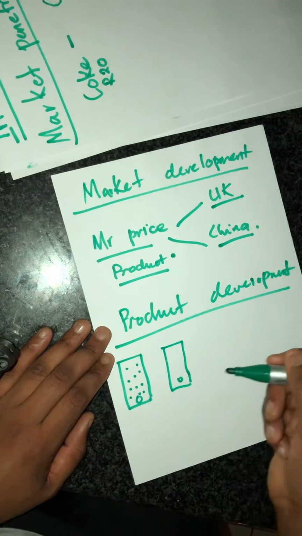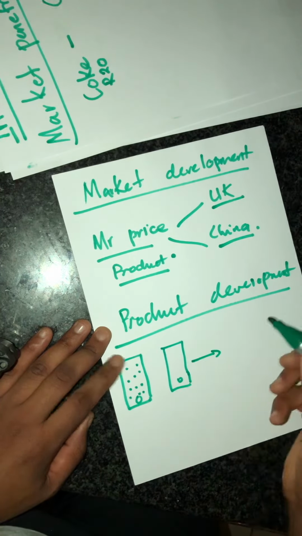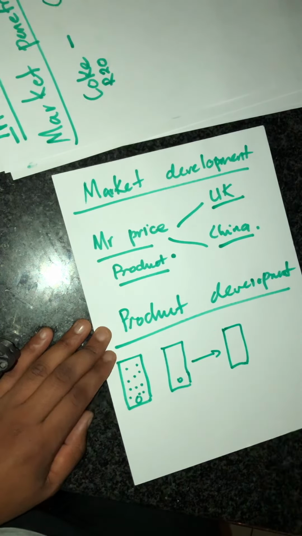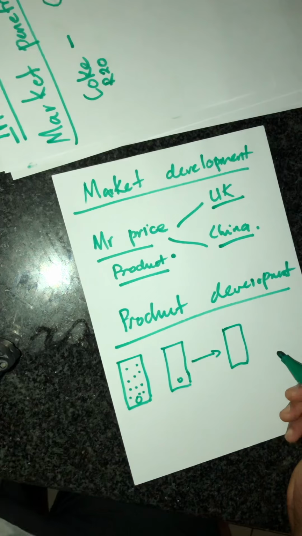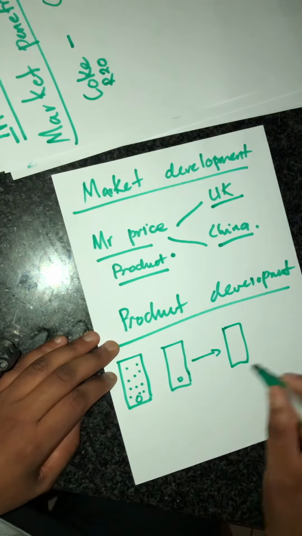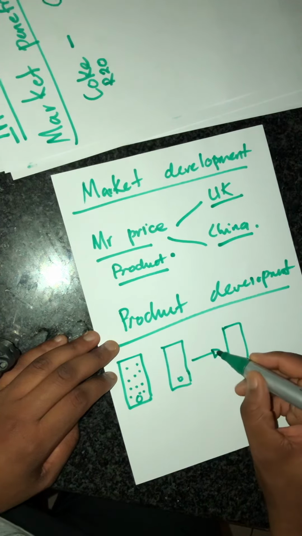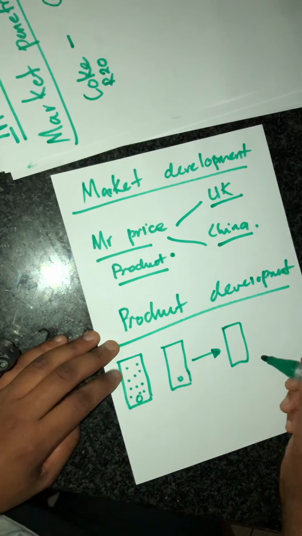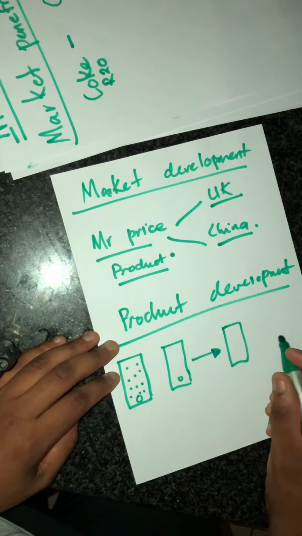And then as time goes on, it develops its product to no button at all and uses your face as your security, or rather to do things on your phone. So this is when your product is being developed over and over again, to attract your customers.